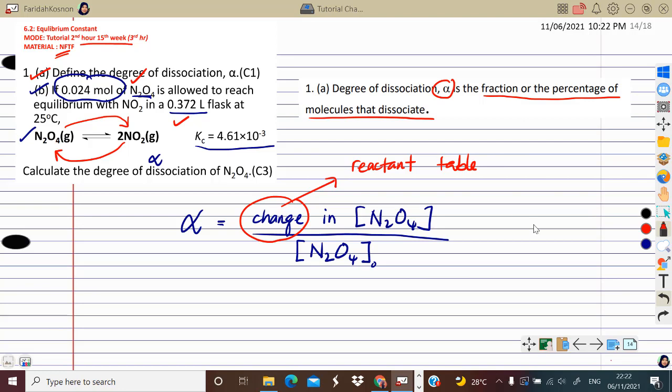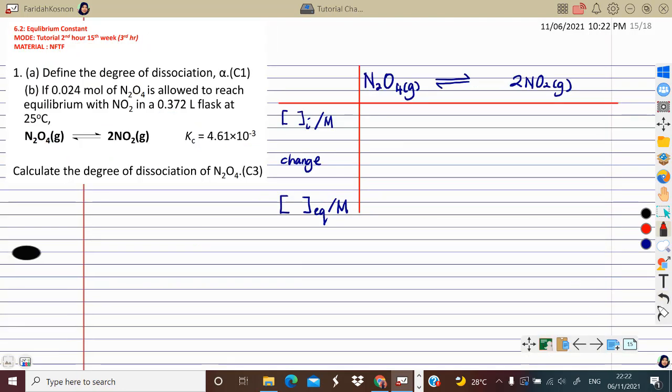Okay, jadinya sekarang, let's construct the reaction table. In the previous lesson, saya dah ajar awak how to construct the reaction table. Okay, jadi construct betul-betul, you must include the balanced chemical equation, including the phases. And then we have these items: initial concentration with the units, change in concentration, and concentration of the species in the system at equilibrium.